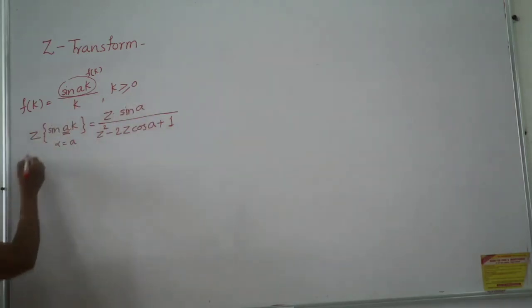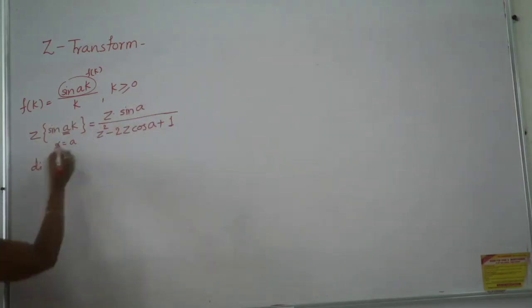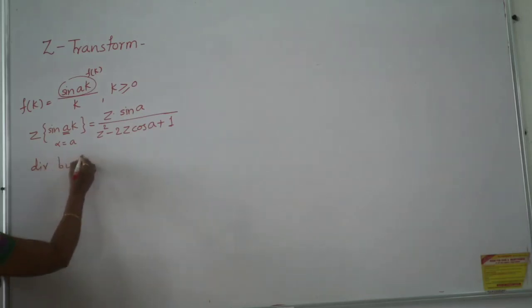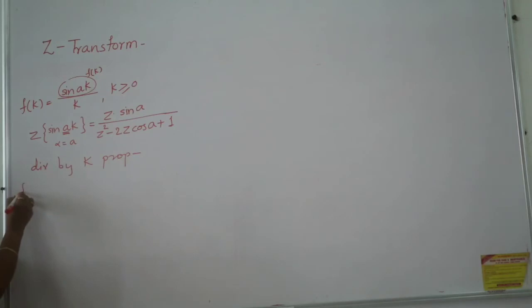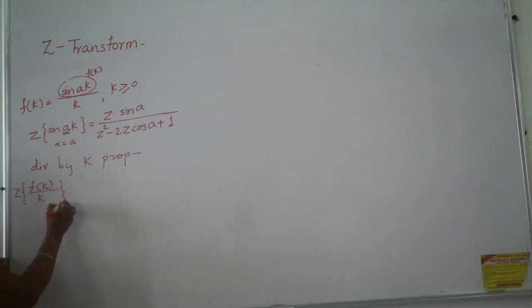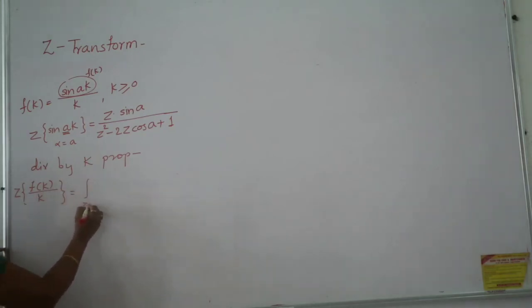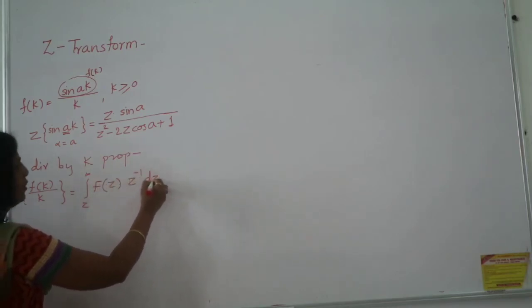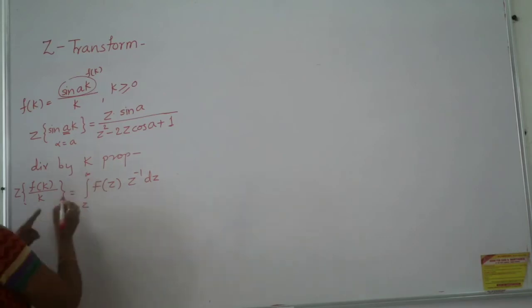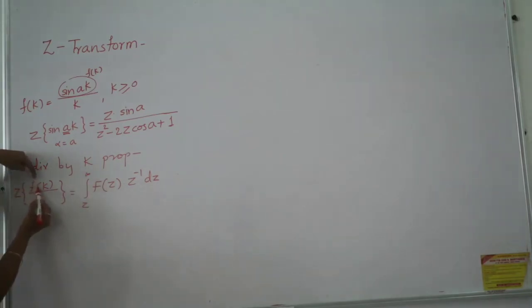Okay, and now I have to apply the division by k property to this one. So how to apply it? It is like this: Z transform of f of k upon k. Let me write the formula itself: integral from z to infinity of F of z, z raised to minus 1 into dz. And what is this F of z? F of z is the Z transform of f of k.